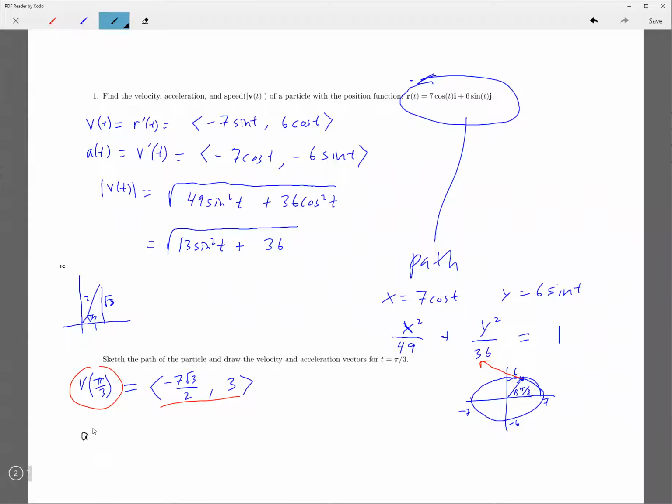And then acceleration, that's going to be -7 cosine t, so that's going to be -7/2, and -6 sine t, and so negative, what is that, 6 times the √3/2, so that's going to be 3√3.